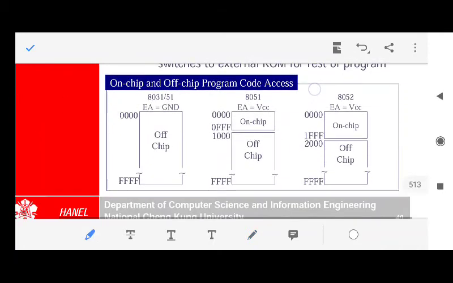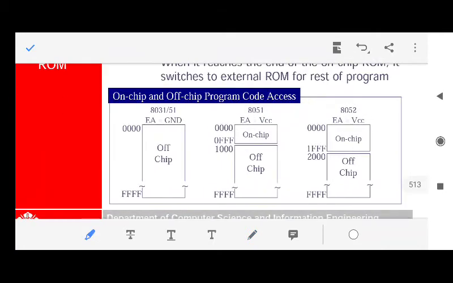We have an example: if you have an 8031 or 8051 system, and you connect the external access pin to ground, ground means 0, that means external memory should be used. So off chip external memory is used.